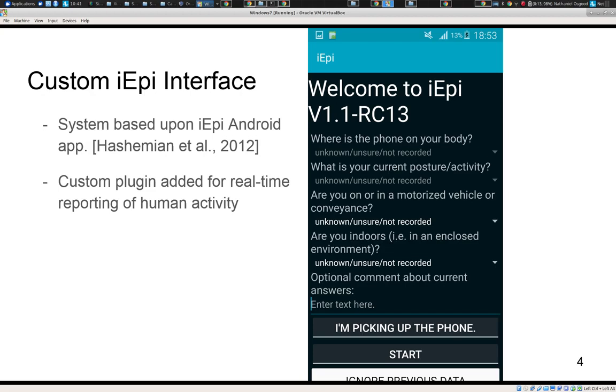But we had a custom interface to it, which allowed people to record ground truth information related to their posture. So the idea is, look, could we collect a ground truth data set that would allow us to then derive models, so machine learning models, to train those models to allow us to infer what the underlying activity was.